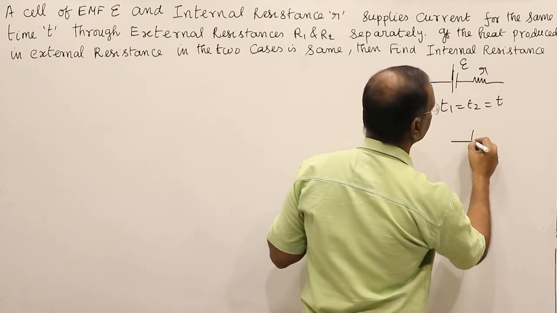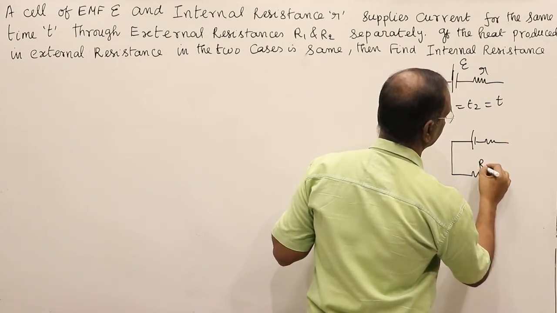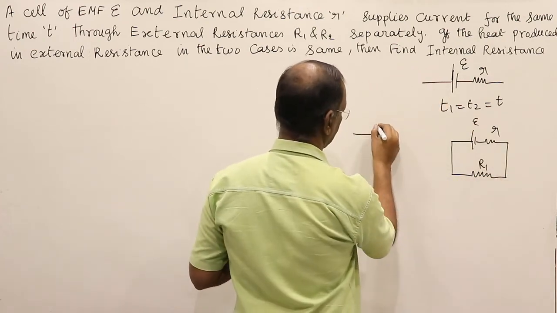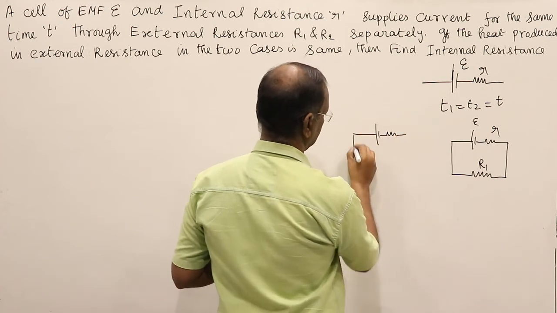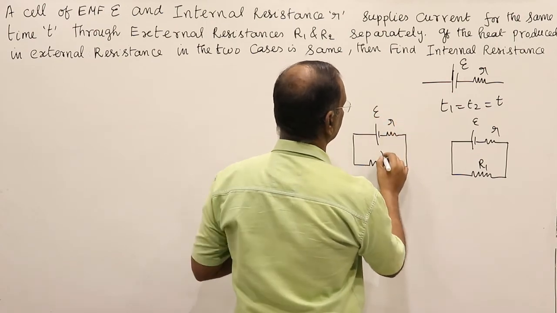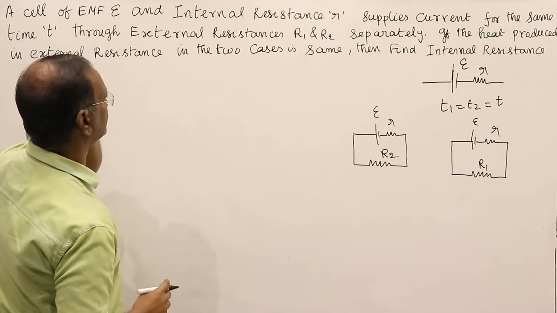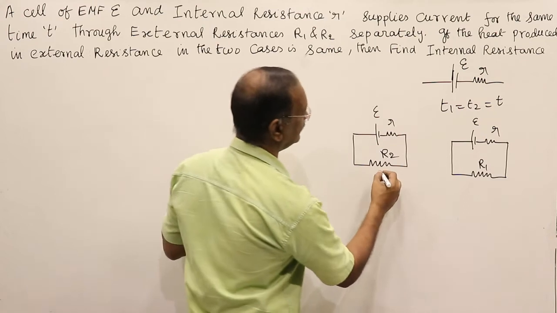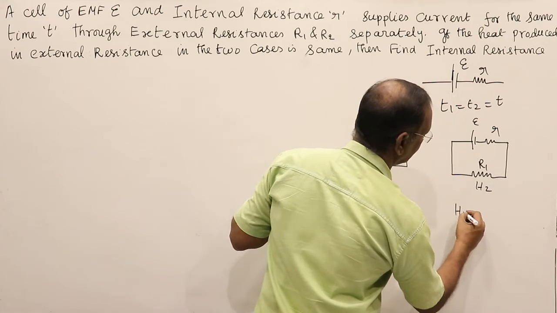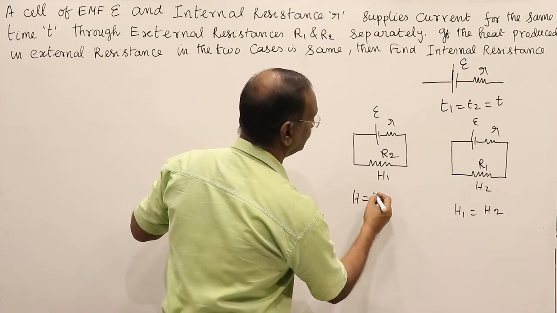First, this cell through external resistance R1, this is our EMF, and second, the same cell through another external resistance R2. If the heat produced in the external resistance in the two cases is the same, it means this produces a heat of H1, this produces a heat of H2, and it is given H1 is equal to H2.